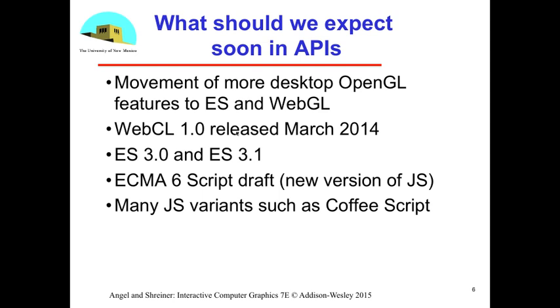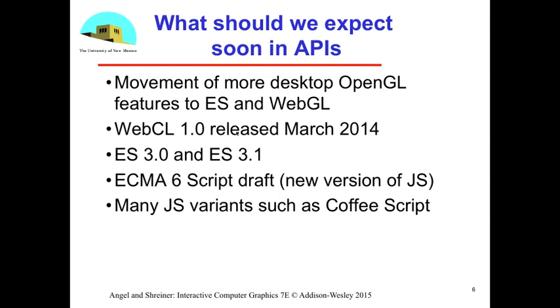Part of the reason is based on usage. People are finding compute shaders more important than perhaps geometry and tessellation shaders, at least for a wider number of users. They were just released in the last month in OpenGL ES 3.1.